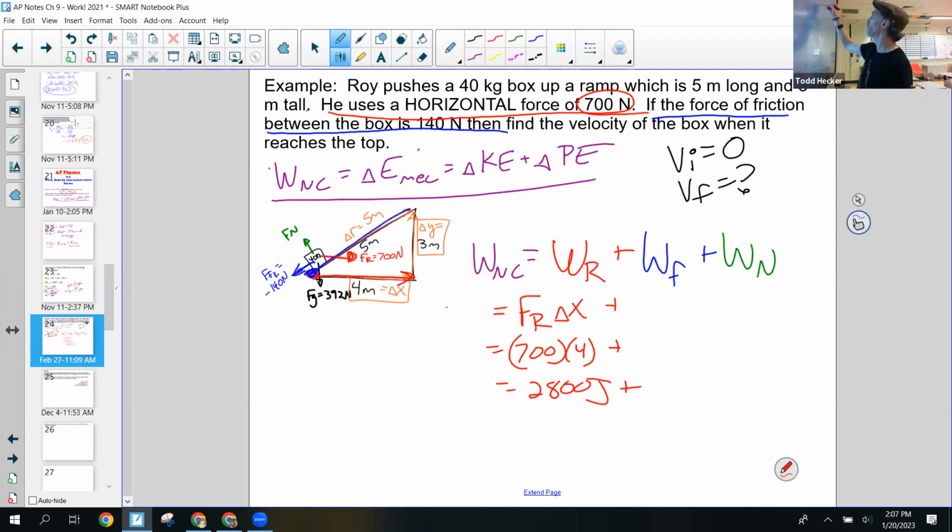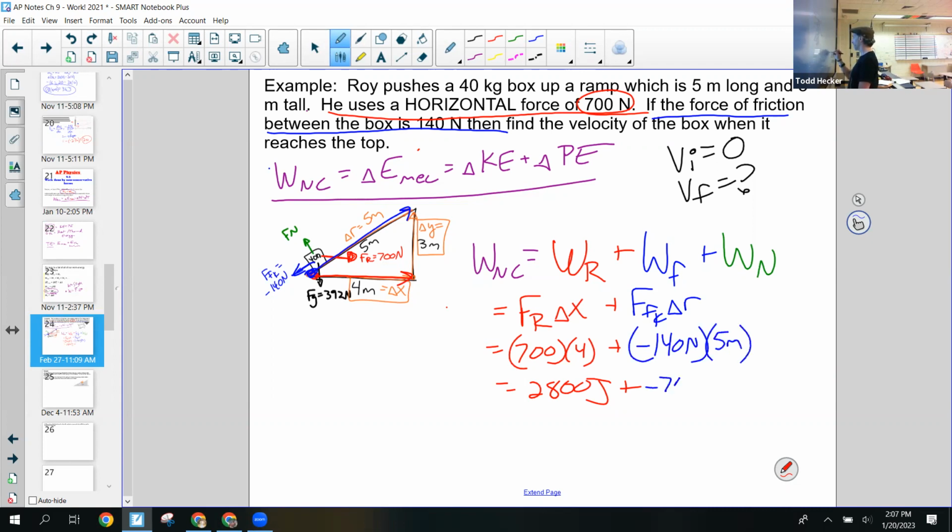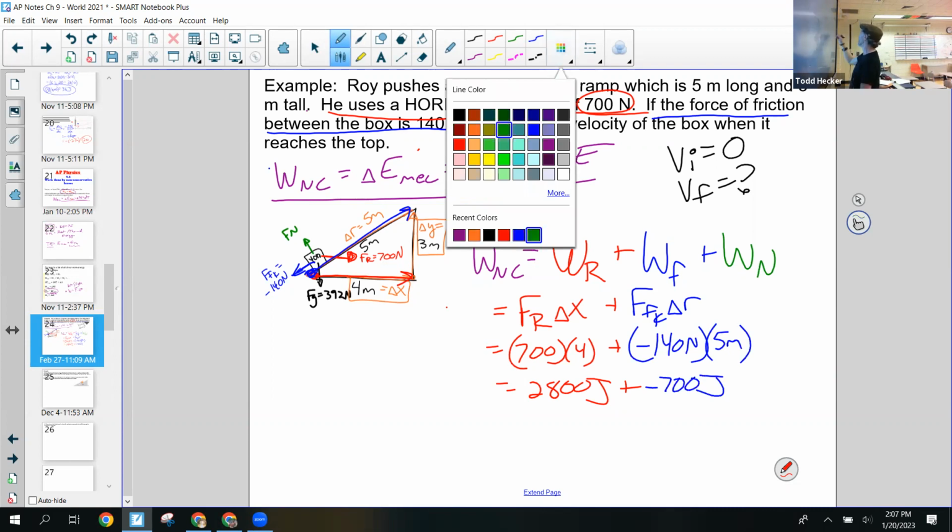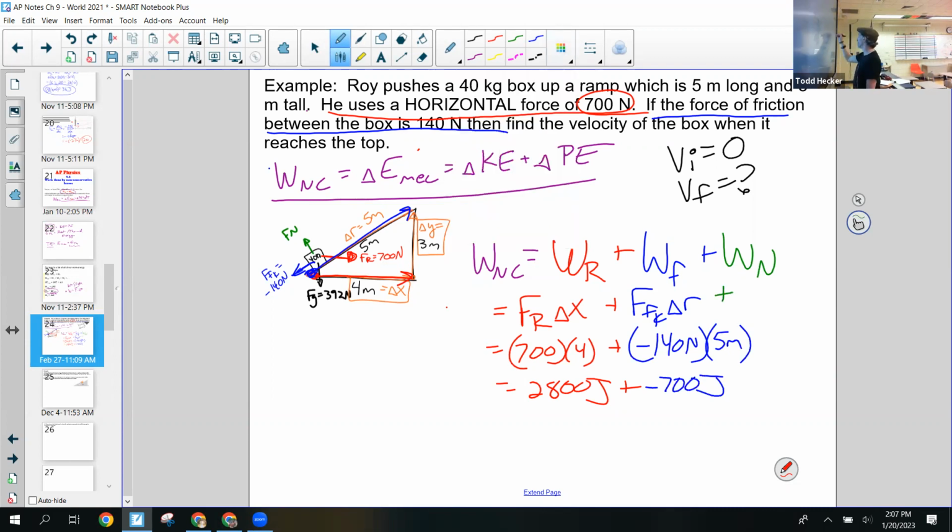So I want the displacement parallel to the ramp. So force of kinetic friction times displacement along the ramp. So that's negative 140 newtons down the ramp times 5 meters along the ramp. That's negative 700 joules. And then finally, the work done by the normal force is 0 because the displacement is perpendicular to the normal force, right?